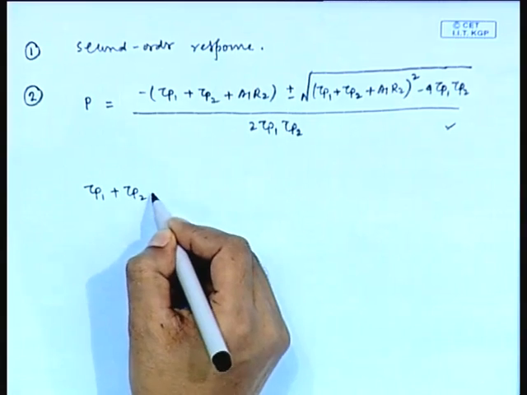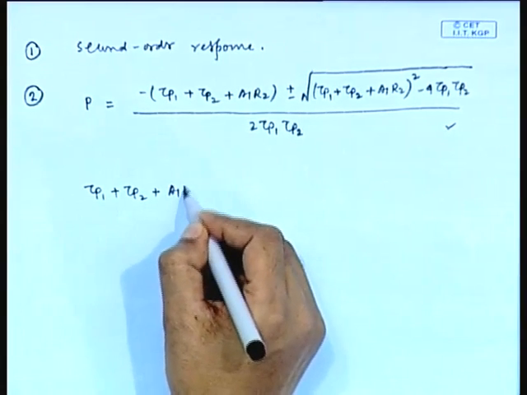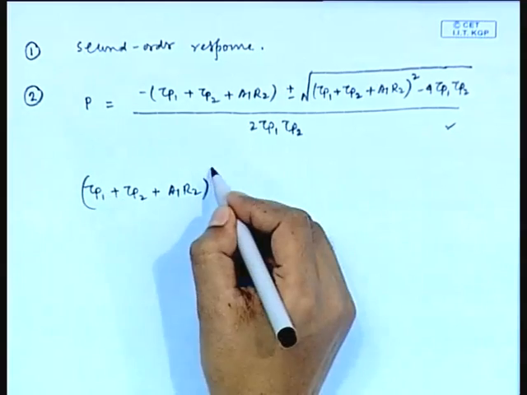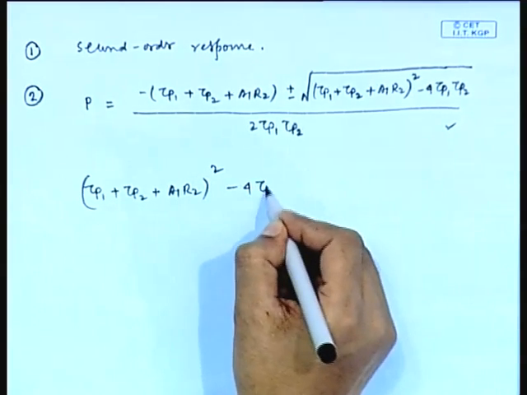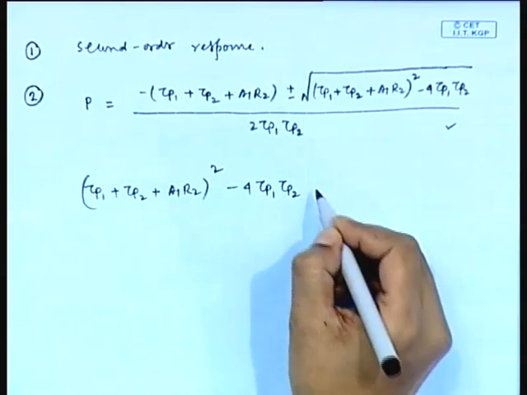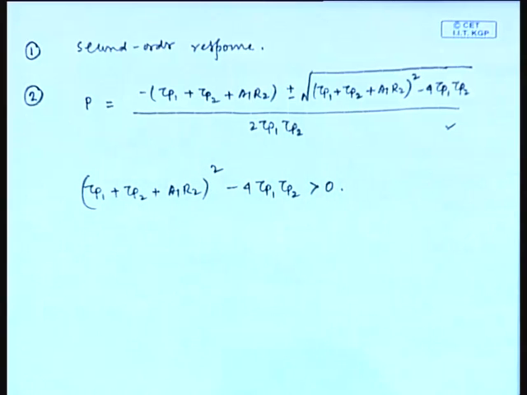Now, (tau p1 plus tau p2 plus a1 r2) whole square minus 4 tau p1 tau p2 is greater than 0. Fine. That means two distinct real poles. So, what about the overall response?